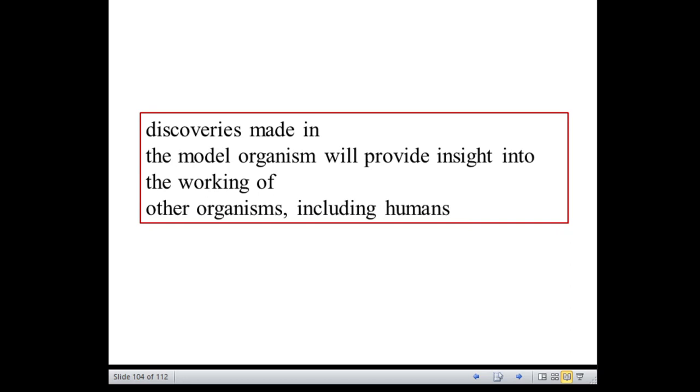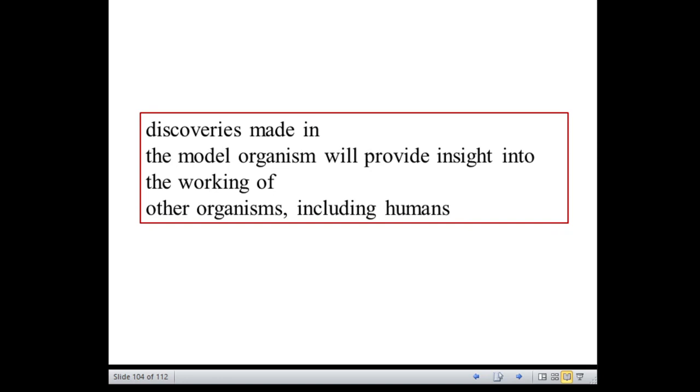However, a disadvantage is that very little is known about the genetics as compared to that of the mouse.